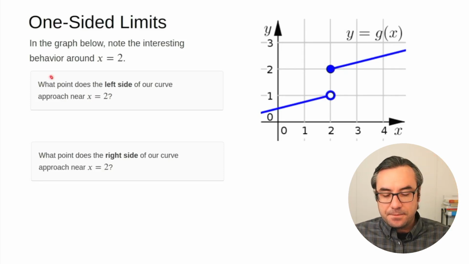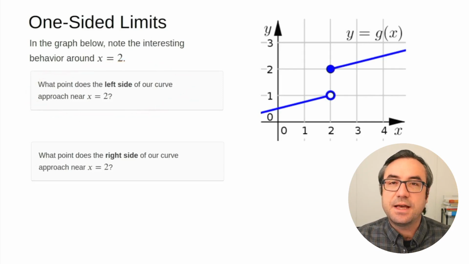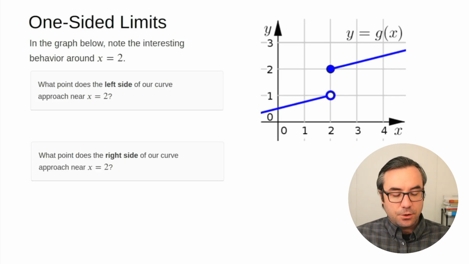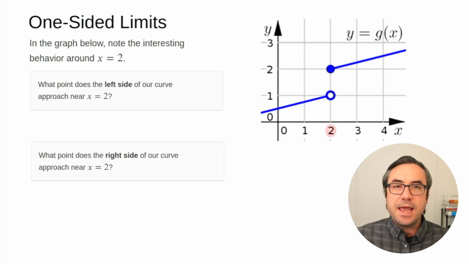So let's look at this question. What point does the left side of our curve approach near x equals 2? So we're looking around x equals 2. That's kind of our main focus here. We have this interesting behavior at x equals 2, and we kind of split this up into two sides.